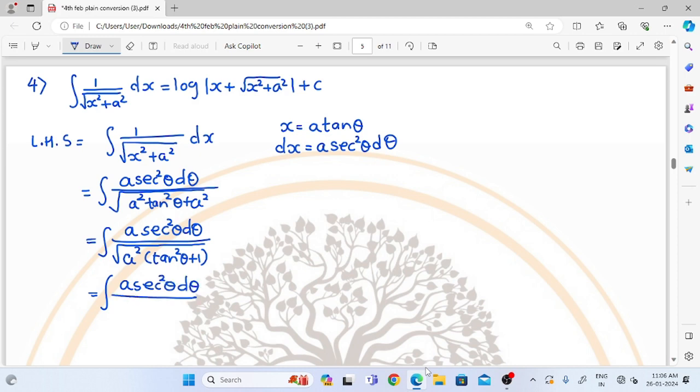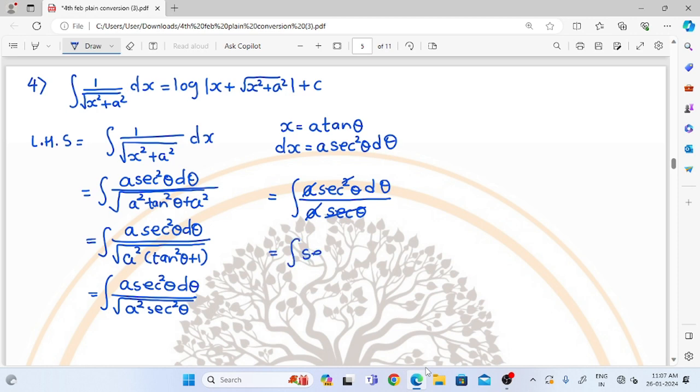Okay. So inside the root, a square into sec square theta. Now numerator again as it is, a sec square theta d theta divided by, now the square and root will get cancelled, so square root of a square sec square theta is nothing but a sec theta. Okay, so from numerator and denominator a will get cancelled, 1 sec theta will get cancelled, so what will remain?